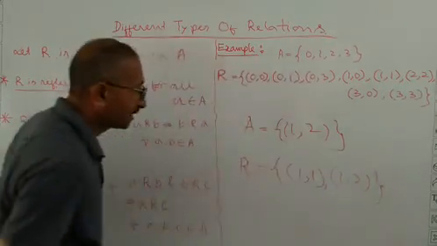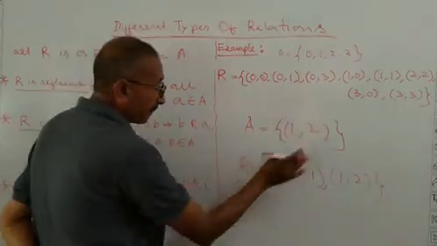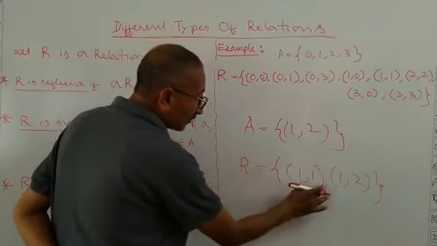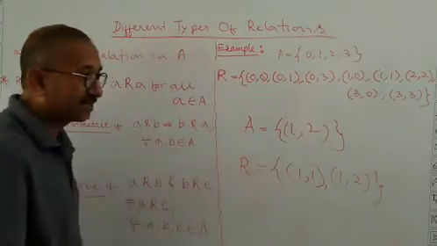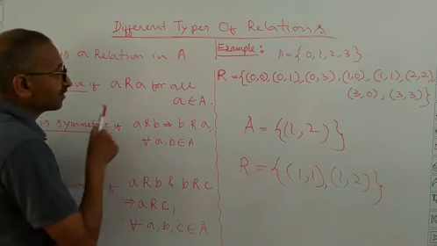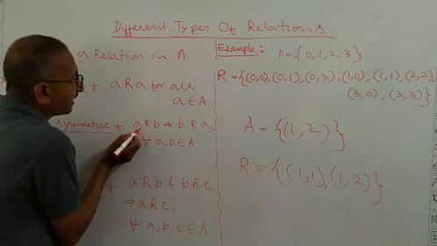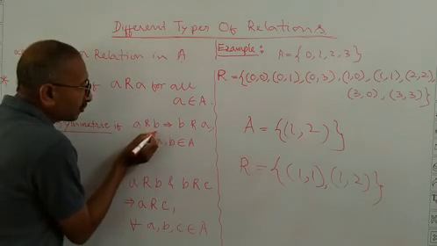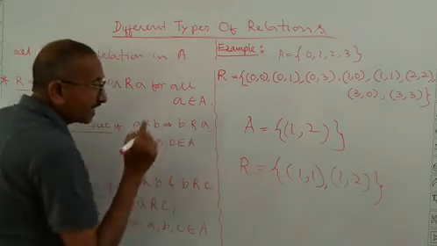This is a relation in this set, meaning A to A. Now, let's think about whether it is a reflexive relation or a symmetric relation. What is the definition of symmetric relation? If A is related to B, then we must have B is related to A.